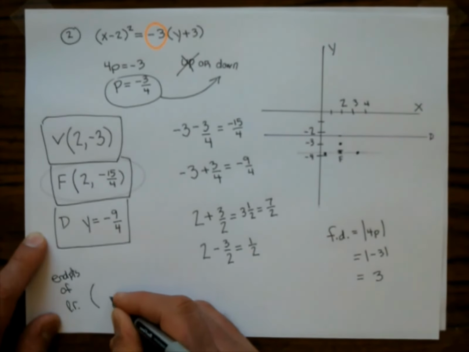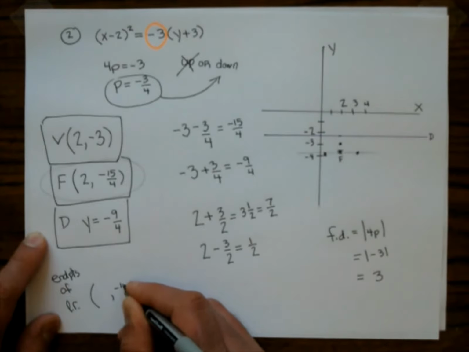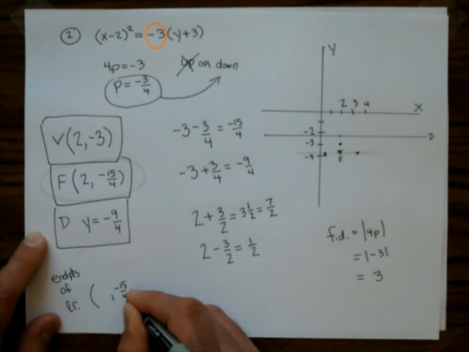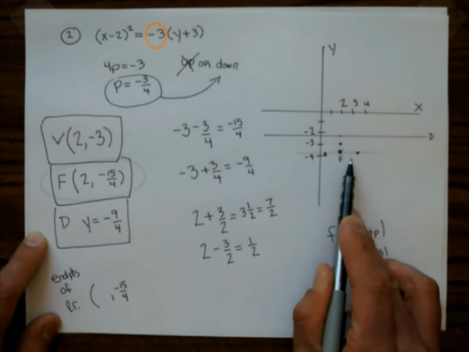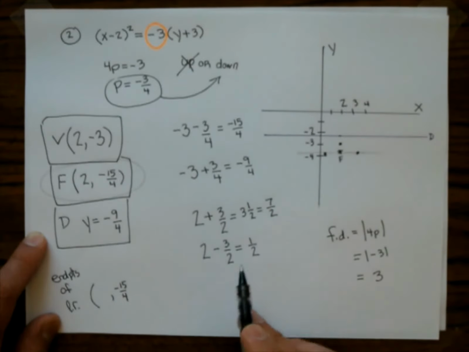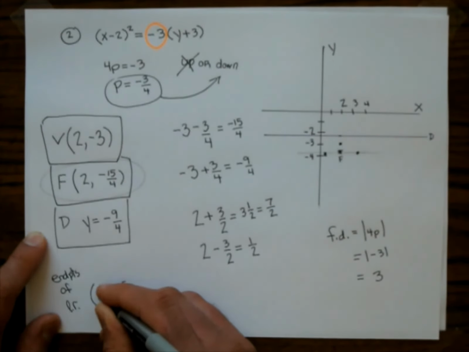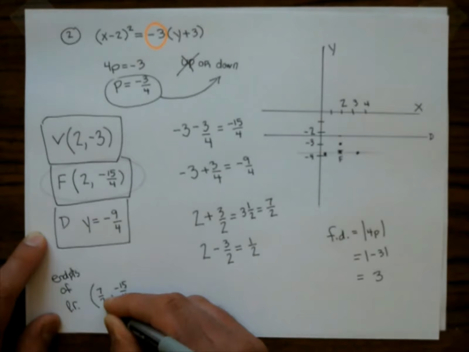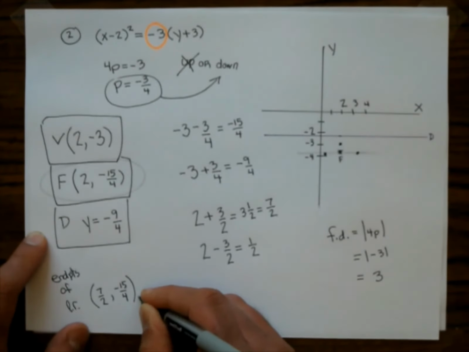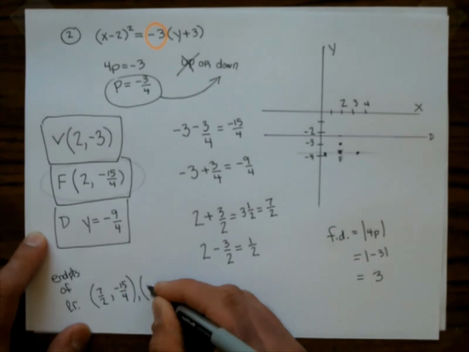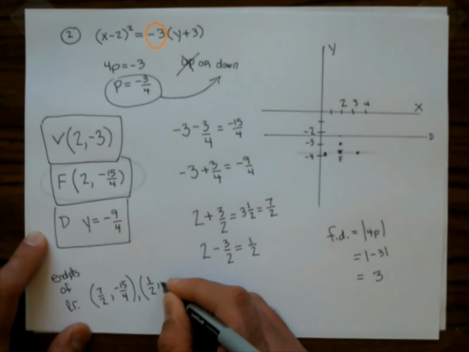So they're all going to be comma negative 15/4, which is pretty ugly. I mean, that's what it is. And so one of them is going to be 7/2, negative 15/4, and the other one's going to be 1/2, negative 15/4.